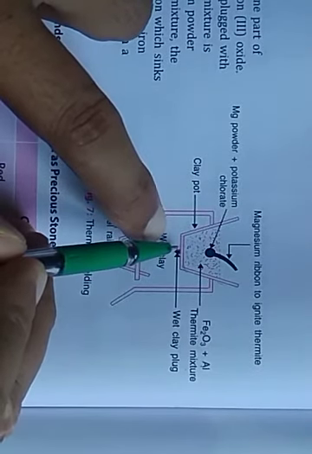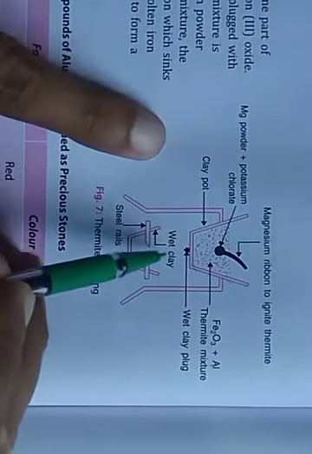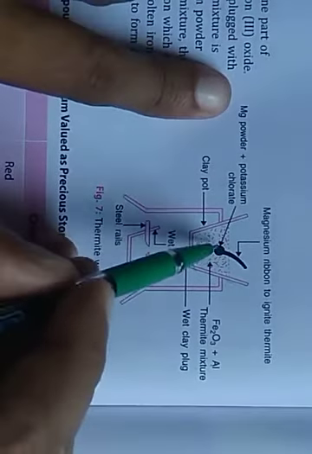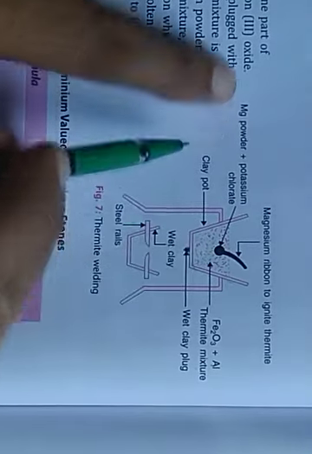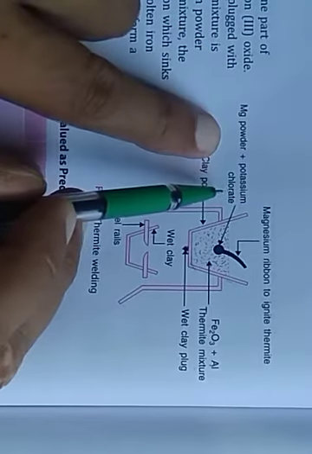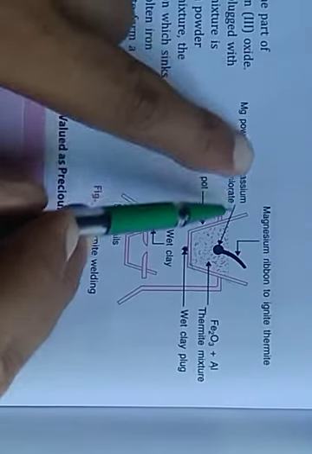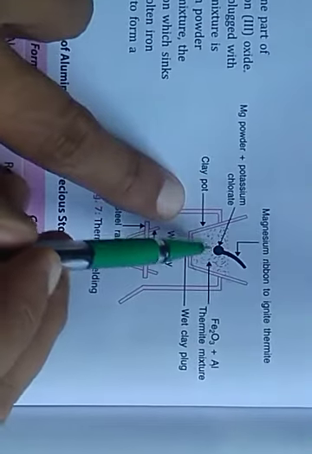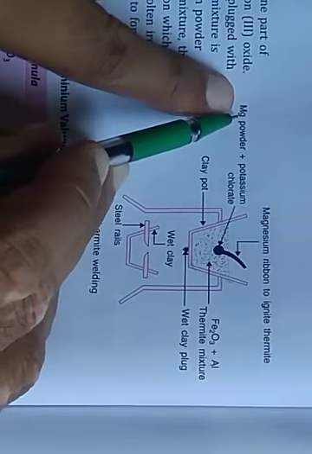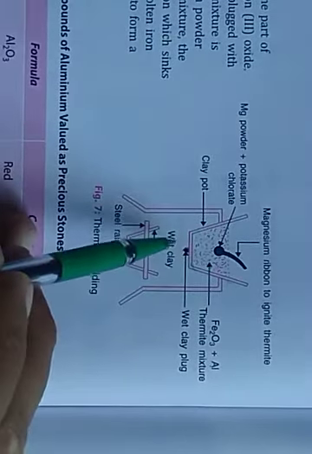Now at the top of the thermite mixture is placed an ignition mixture, that is magnesium powder and potassium chloride. Magnesium powder and potassium chloride are added at the top of this thermite mixture, and this acts as an ignition mixture.